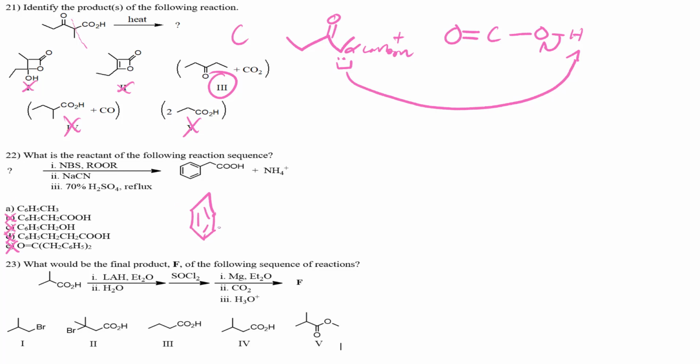Now you're probably saying, how is A possible? Well, look, we have a CH3, and whenever we have a peroxide, a cyanide can react with it, adding another carbon right there, right?